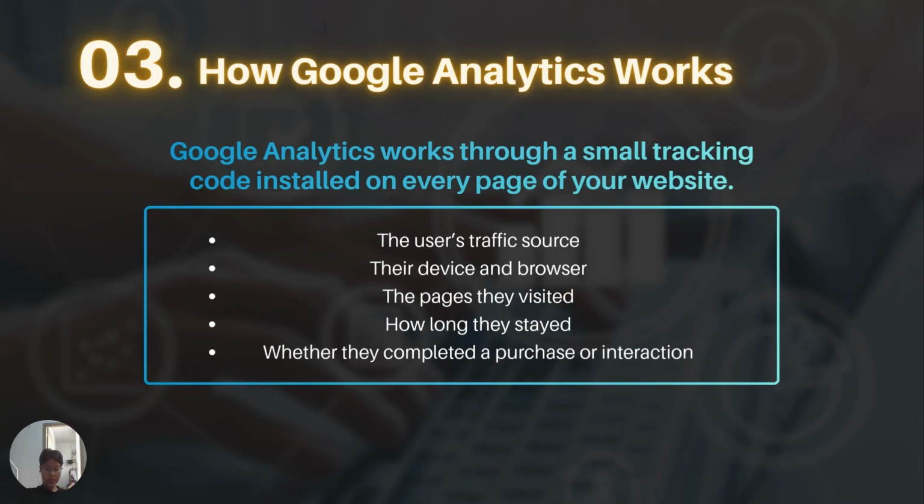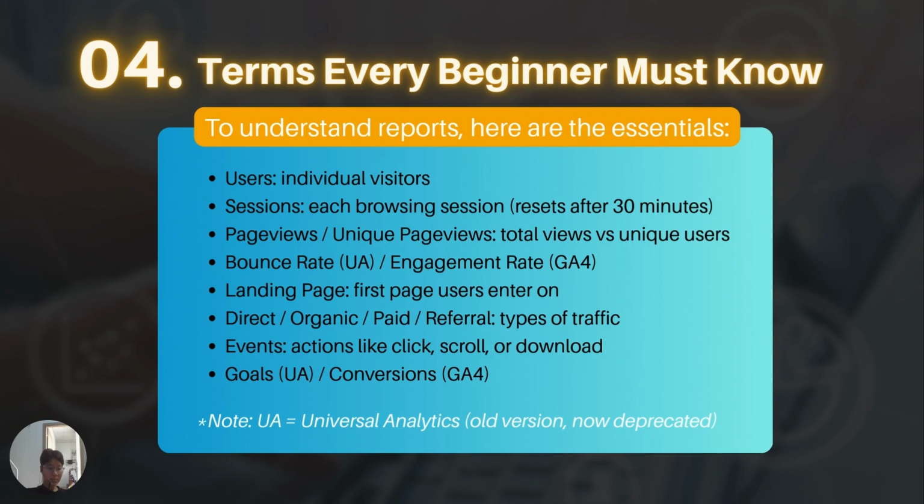Before creating a Google Analytics account, we should get used to some terms that we will encounter in every report on Google Analytics. The users, of course, are the individual visitors of your website. The sessions are each browsing session, which is reset after 30 minutes.